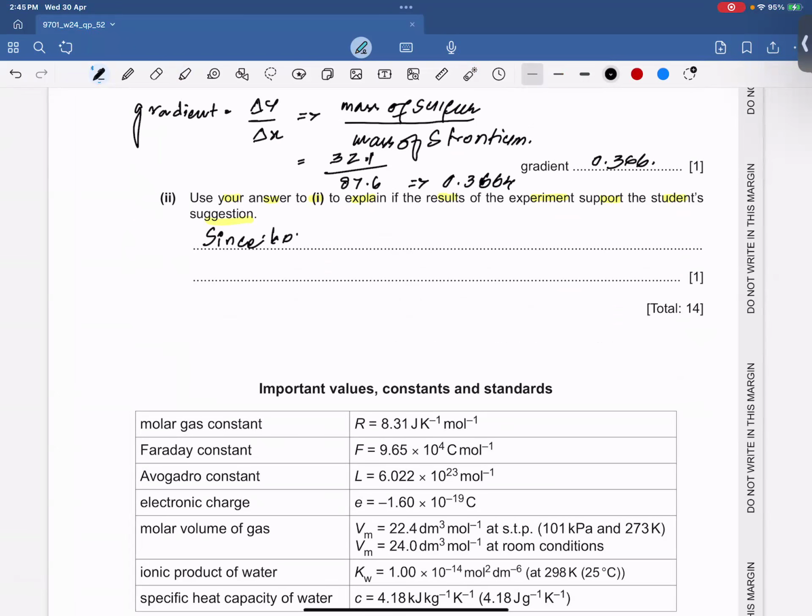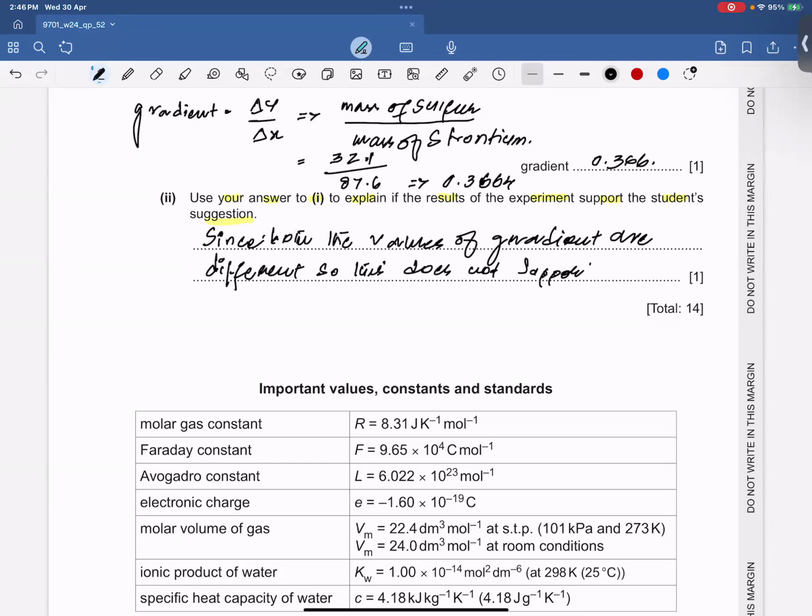Since both the values of gradient are different, so this doesn't support student suggestion.